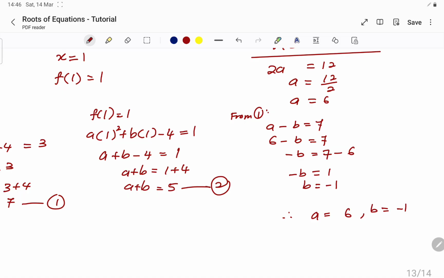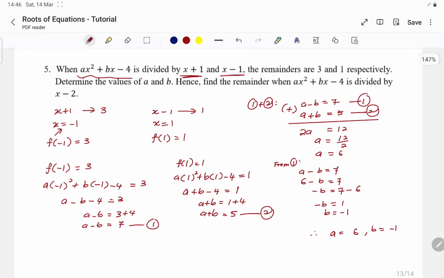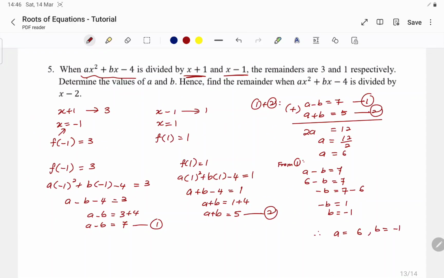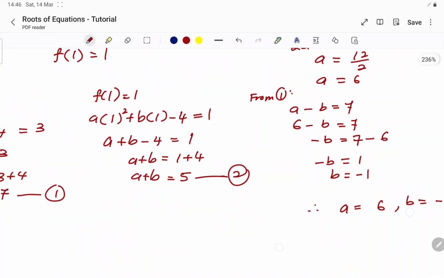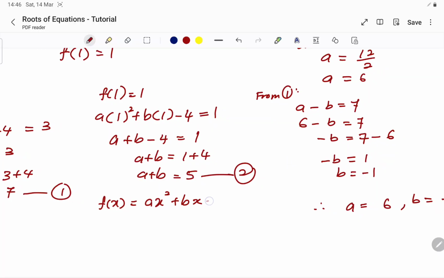So now, when we have a and b like this, you can substitute again inside the original function, ax squared plus bx minus 4. So you actually will get f of x equal to 6x squared minus x minus 4.